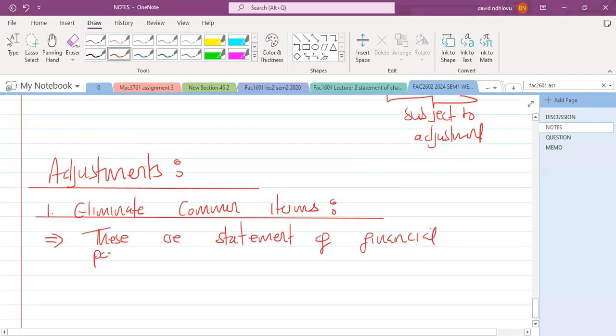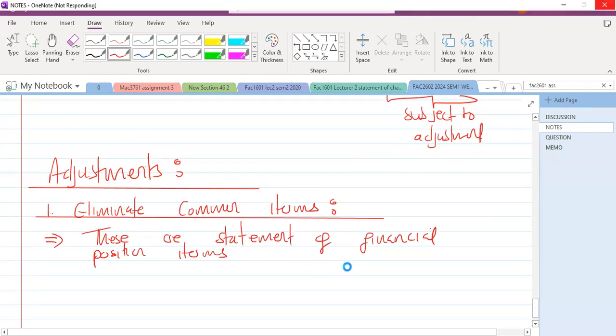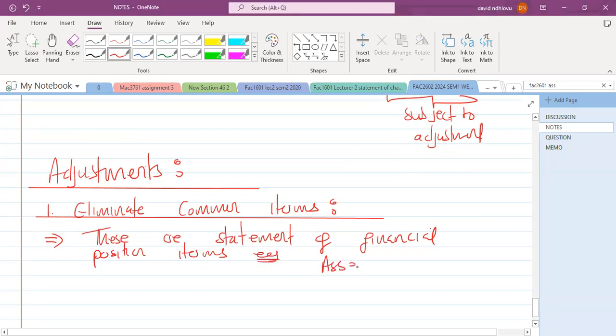Remember in the statement of financial position, we are talking about assets, liabilities, and equity.